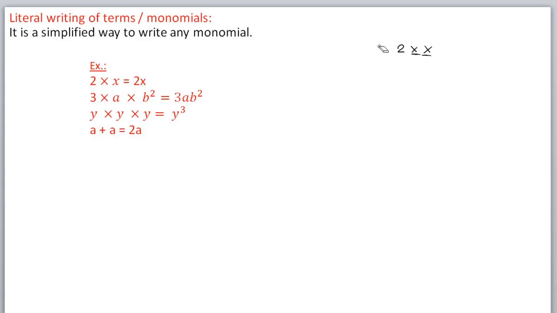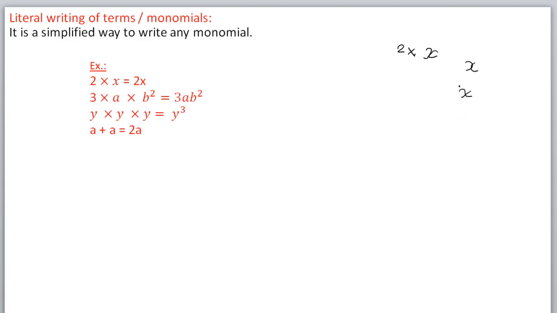So in order to differentiate between them, you must write the times sign like this, and the x like that, or like this, or like that.